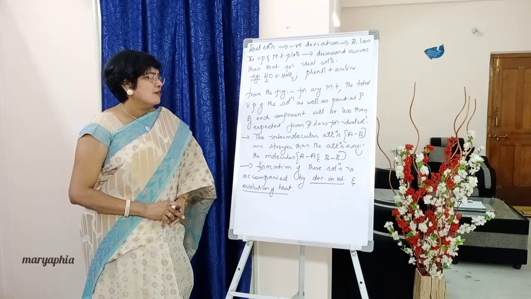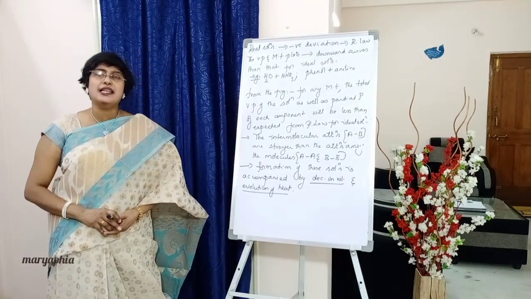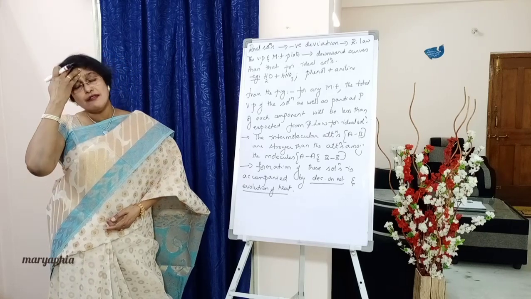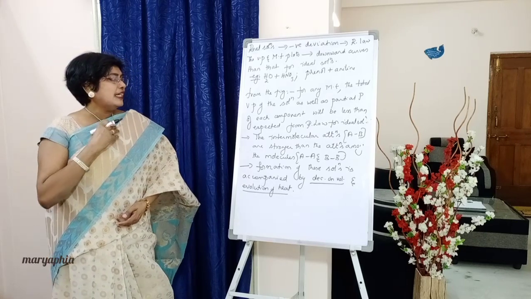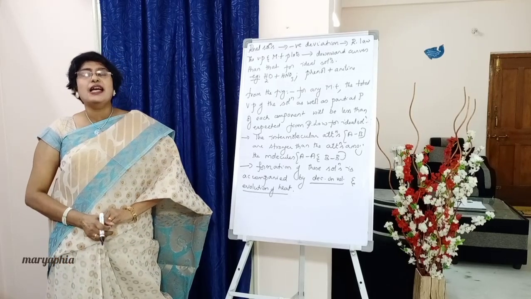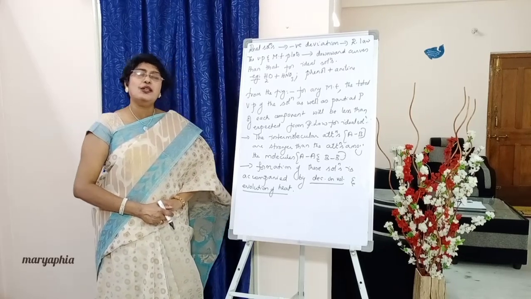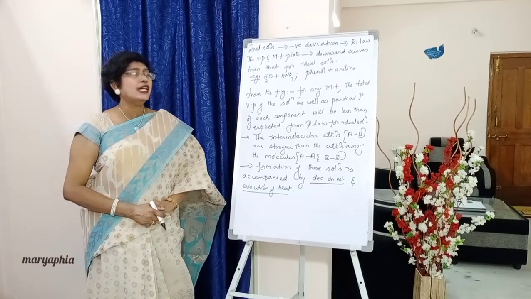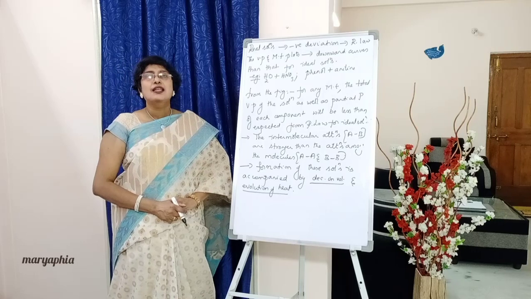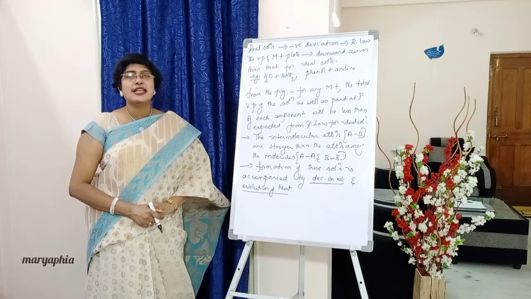Third point, formation of these solutions is accompanied by decrease in volume and evolution of heat. There we have seen increase in volume and absorption of heat. Okay, so 3 points. If you know type 1 and type 2, type 3 is very easy to write, students.